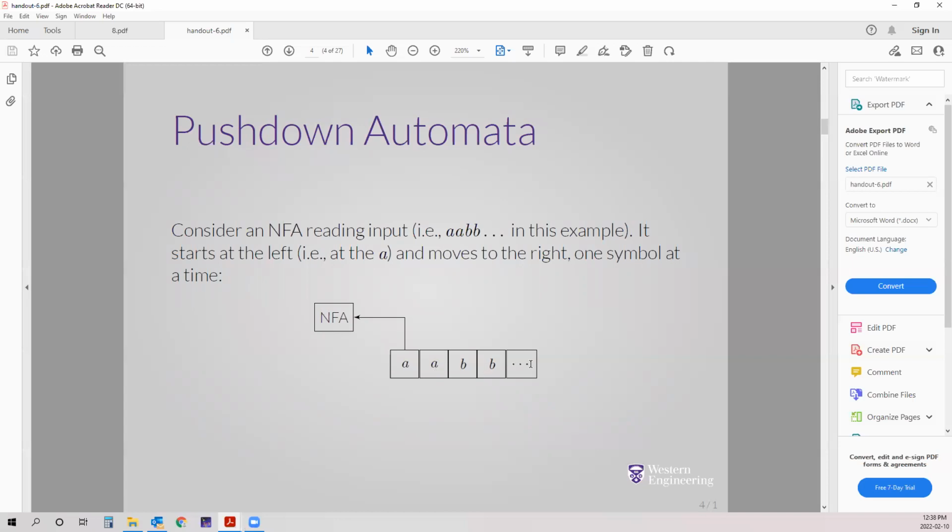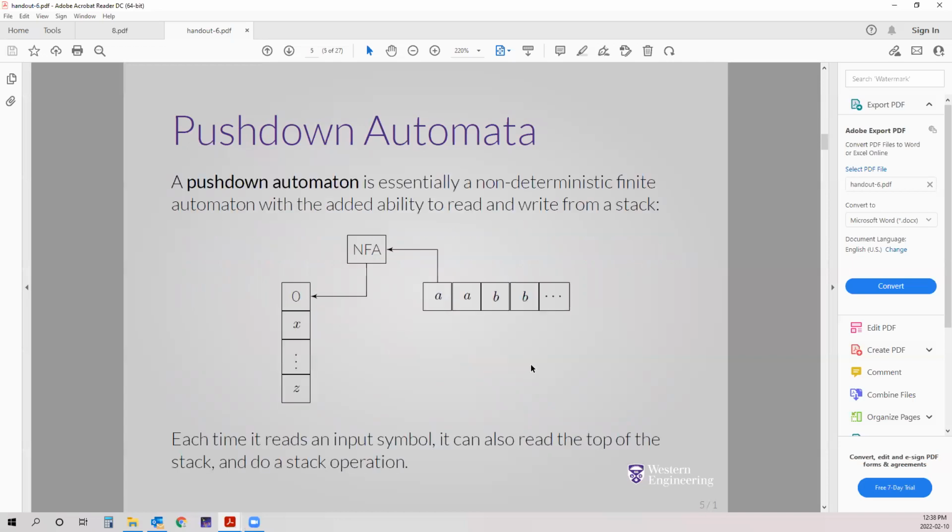This leads us to say that a push-down automaton is essentially a non-deterministic finite automaton with the added ability to read and write from a stack. So here, at this level with push-down automata, we start seeing the concept of a stack.